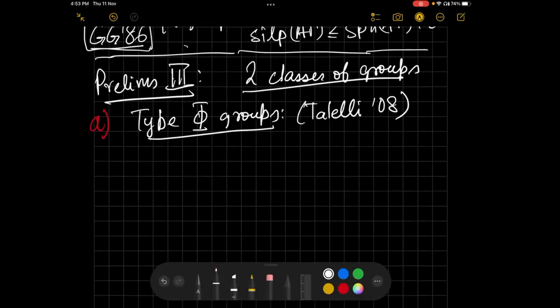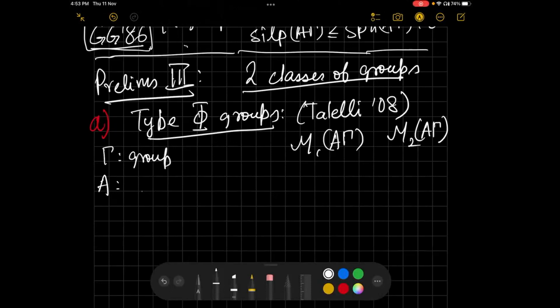Remember those 2 classes of modules that were defined at the beginning? This class and this class. So M1 is the class of all those modules that have finite projective dimension over A gamma, where gamma is any group and A is a commutative ring.